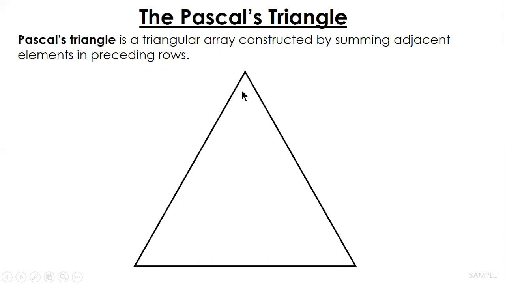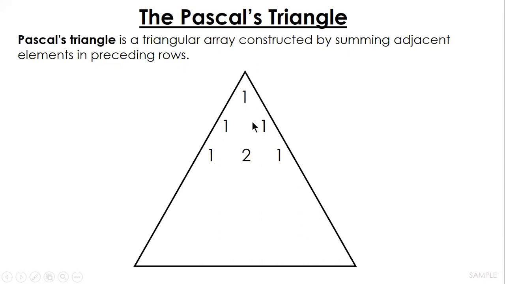At the top, or first row, the number is just 1. And then the next row, 1 and 1. And then on the third row, 1, 2, 1. Now, let's apply this: it's a triangular array constructed by summing adjacent elements in preceding rows.